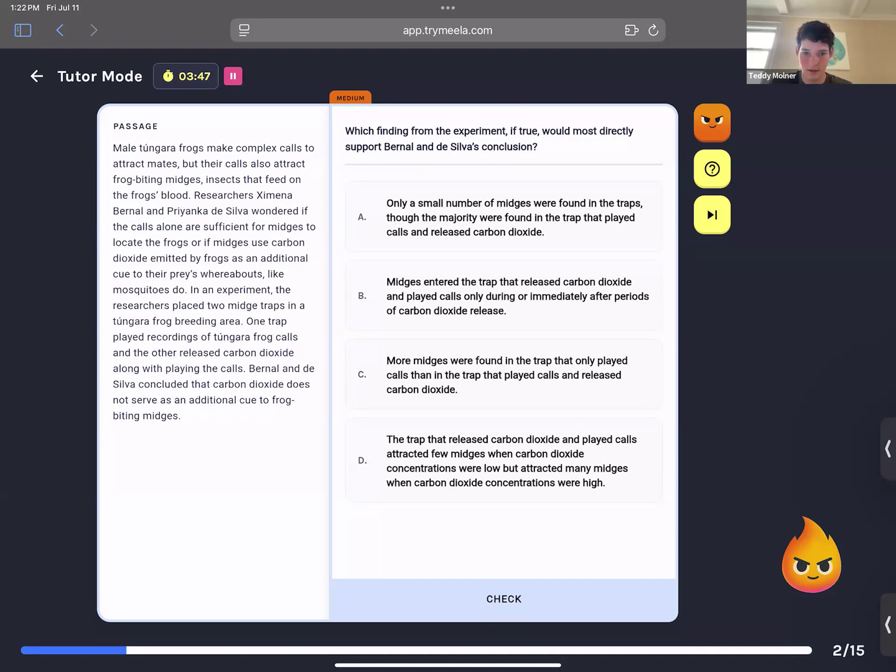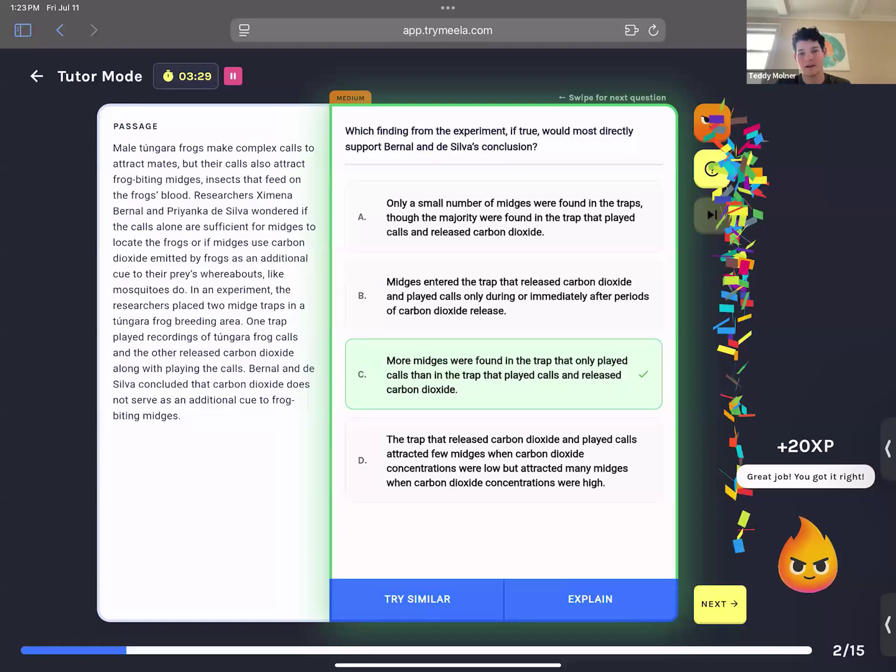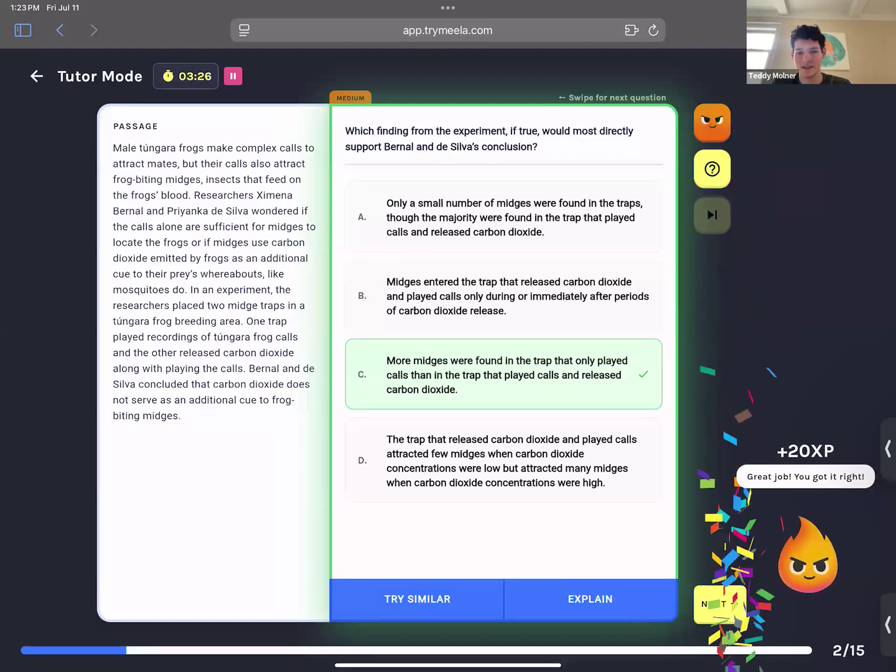Getting some C's. Yeah, I think C is going to be the right answer here. Let's see. We're correct. Does anyone want to explain why it's not D?